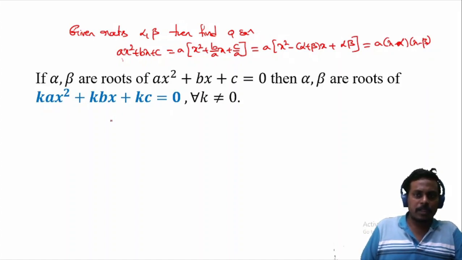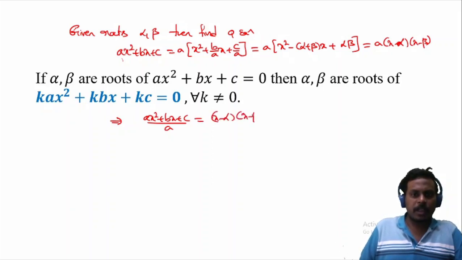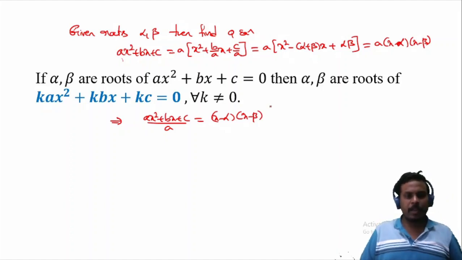So this implies ax square plus bx plus c divided by a is equal to x minus alpha into x minus beta.